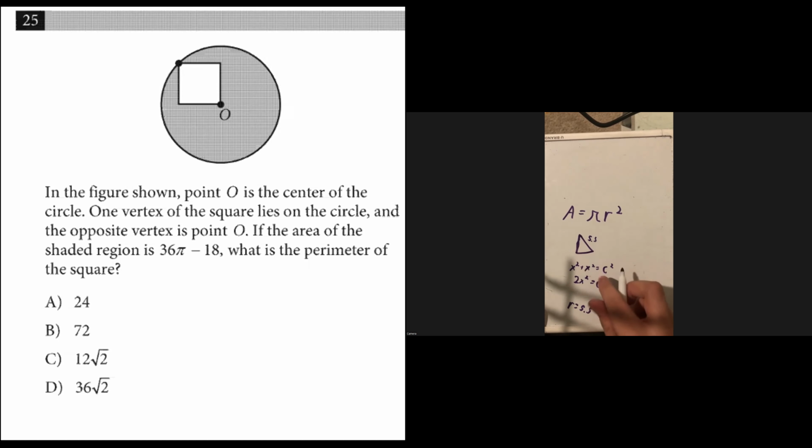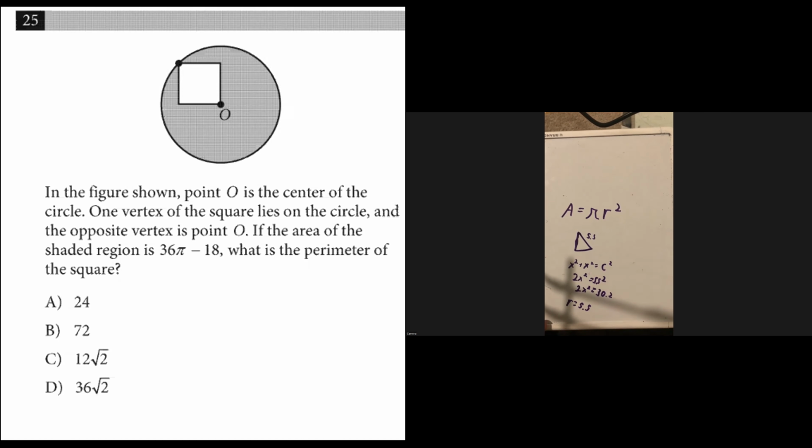And we know that c is 5.5, so 5.5 squared. So we get 2x squared equals 30.2, which we can then divide by 2, which gets us x squared equals 15.13. And then take the square root, which gets us 3.89.